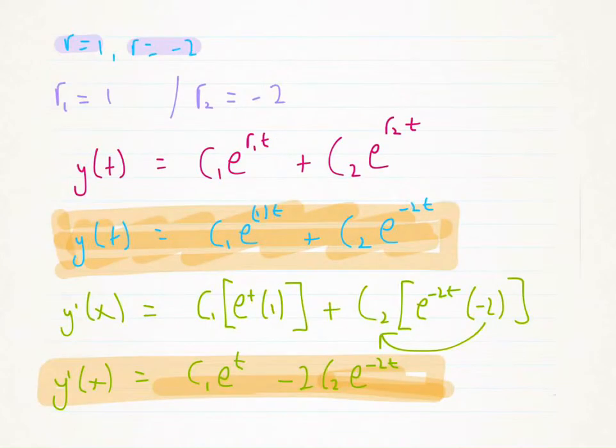y dash of t is c1 e to the t minus 2 c2 e to the power of minus 2t.